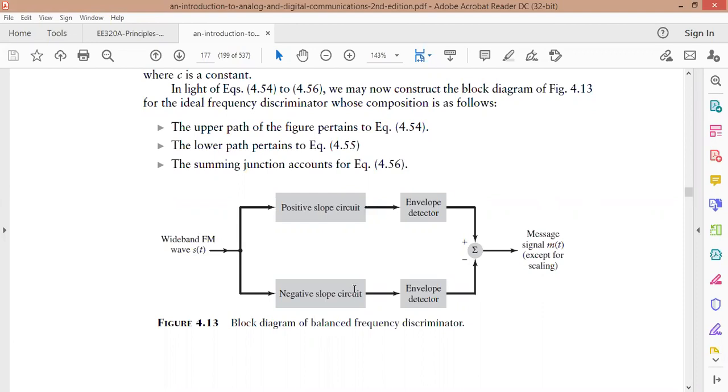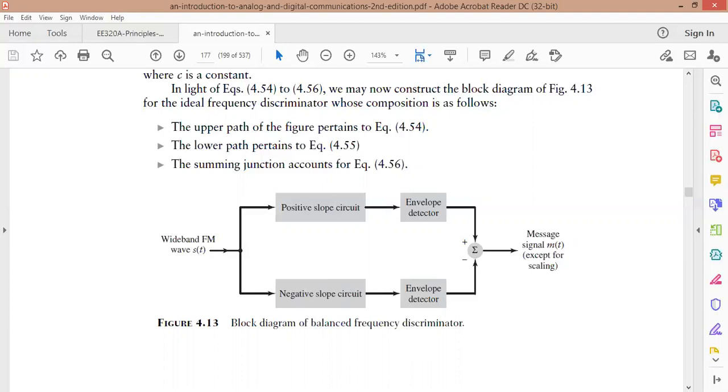Already I told you that slope circuitry means something like a differentiator, those that can produce output in terms of amplitude variation, an amplitude modulated signal from the FM input.